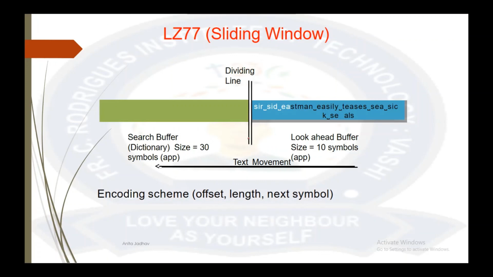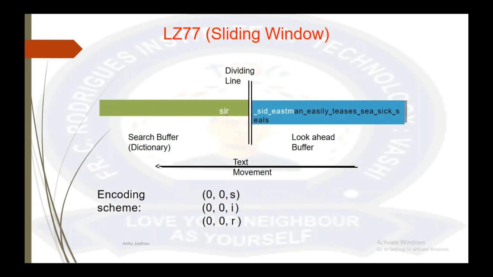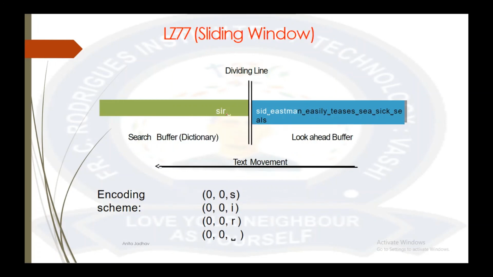So let's start. You don't have anything in the search buffer, so you will have 0, 0, S. So this will continue. You have 0, 0, R, then you have a space. Now check for the next entry. You have S here. So I have to code S, and here I have an entry for S. So I will write offset 1, 2, 3 and 4.